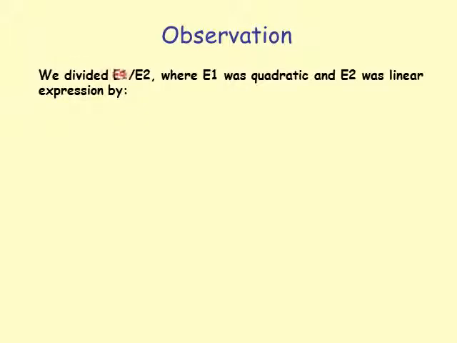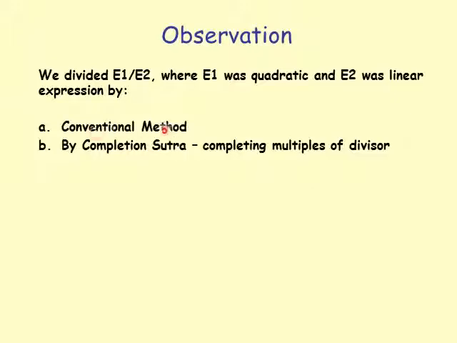All right, let's look at some observations here. We have divided in three different ways now. We divided E1 by E2, where E1 was quadratic and E2 was a linear expression, by the conventional method, which is the long division method, A. Then by the completion sutra, which is completing multiples of the divisor, extracting the groups of the divisor, and by the transpose and apply sutra.